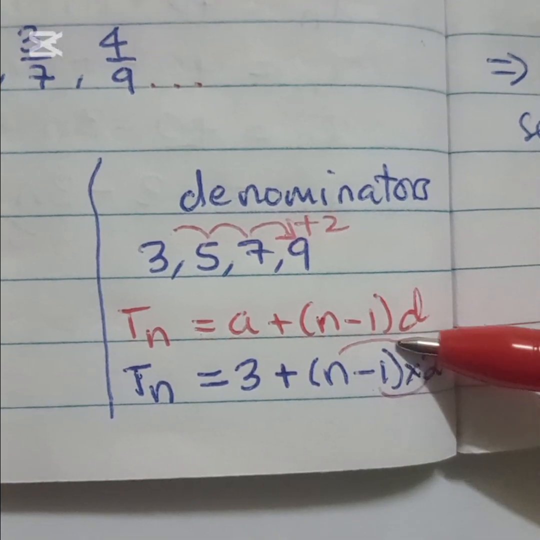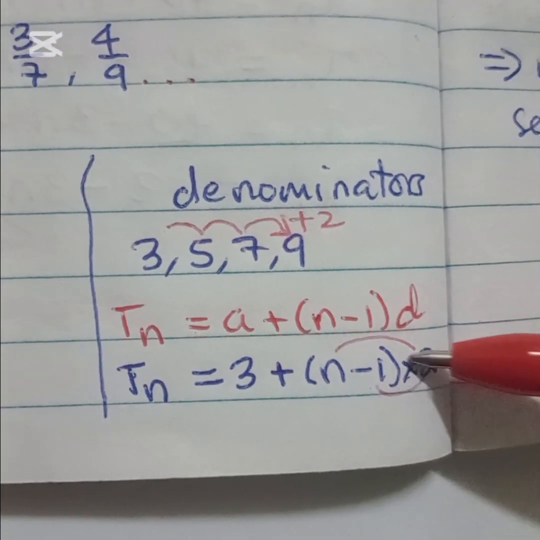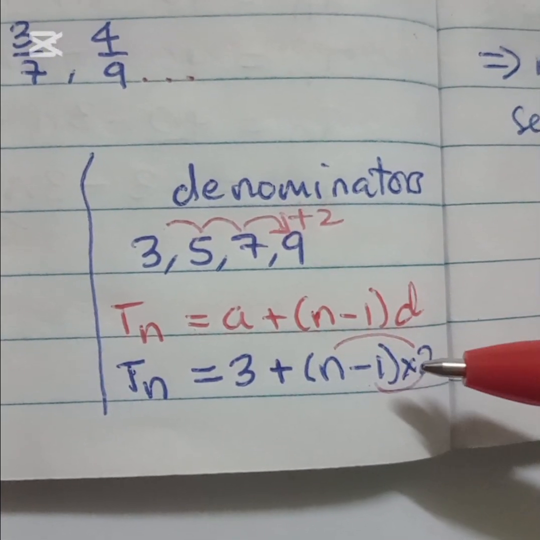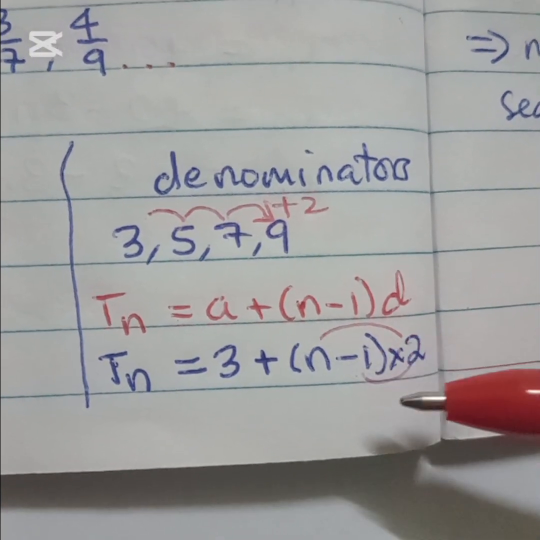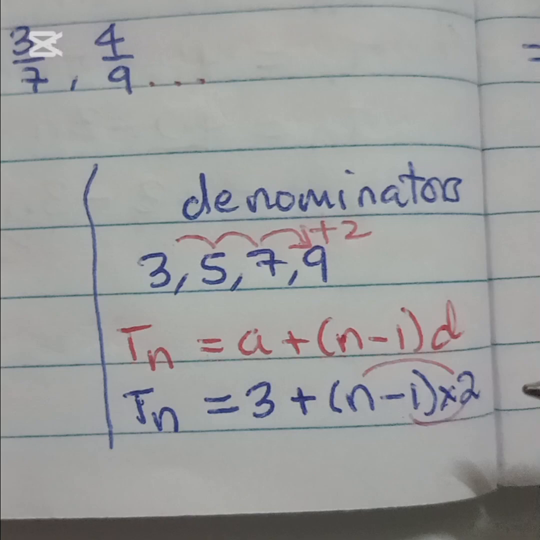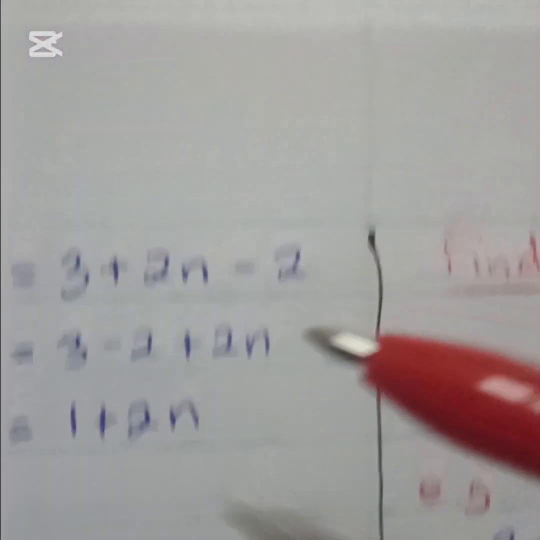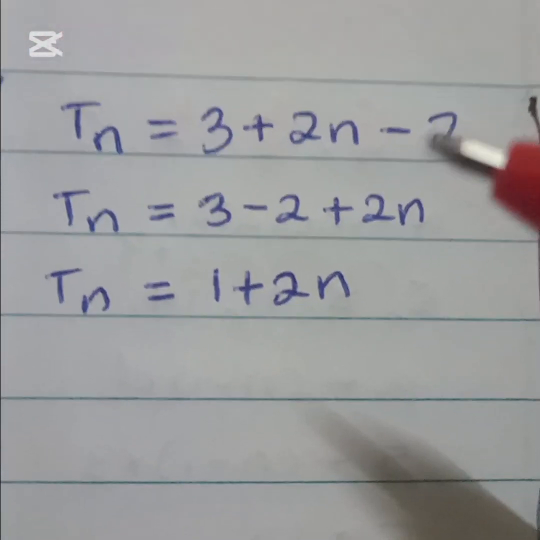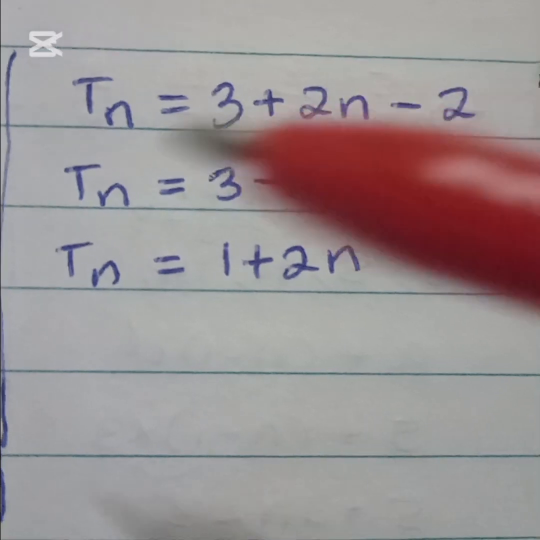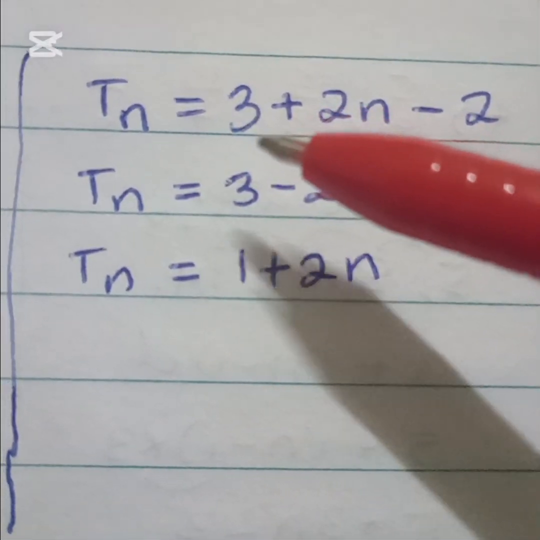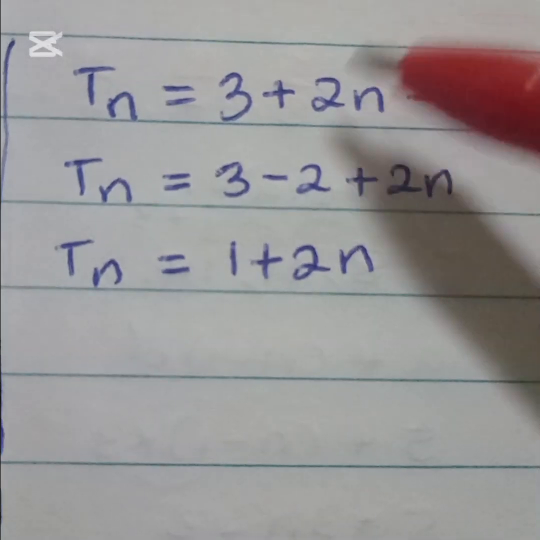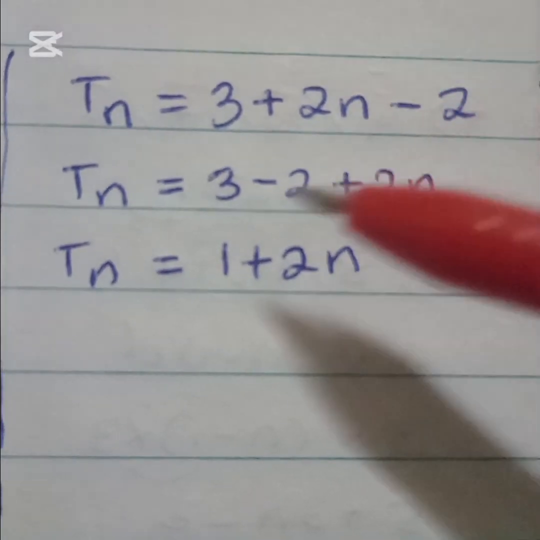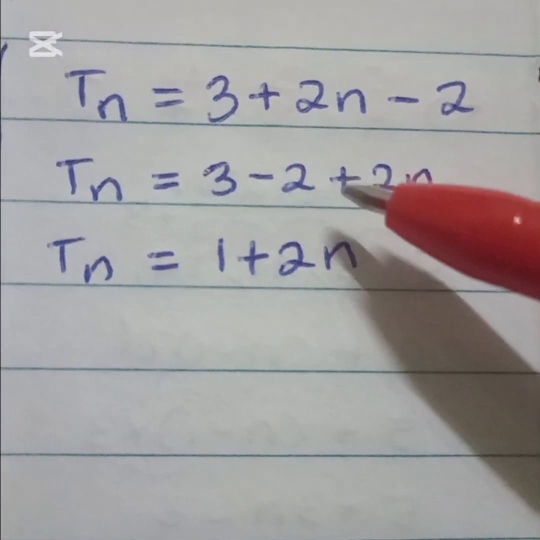And we expand the bracket. 2 times n is 2n, and 2 times negative 1 is negative 2, which gives us this. And we collect like terms. 3 minus 2, you can just calculate in your head, or you can bring them together and calculate on paper.